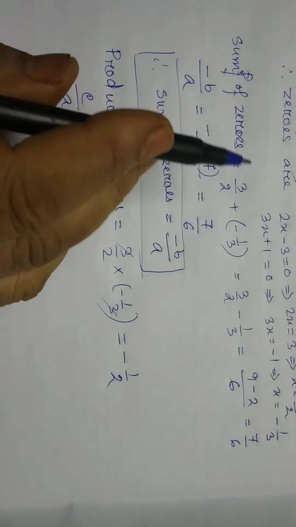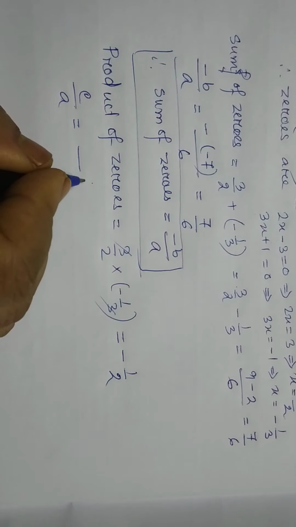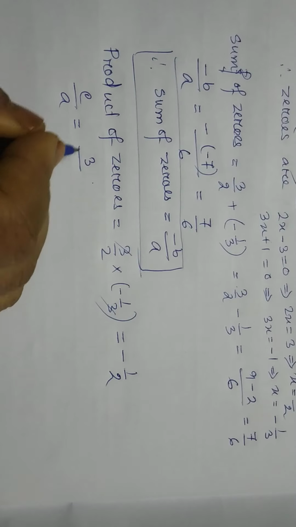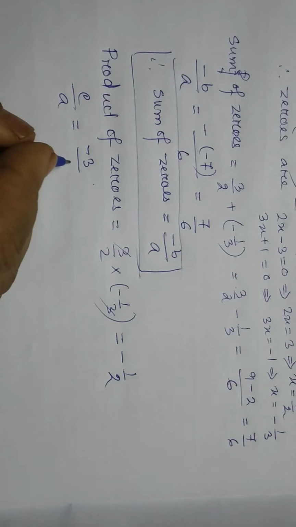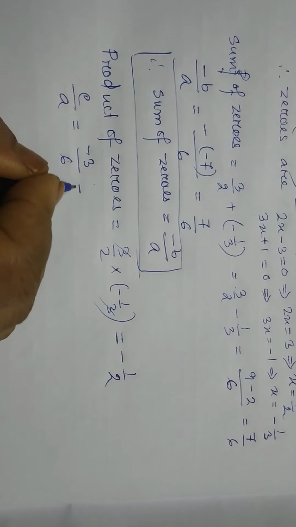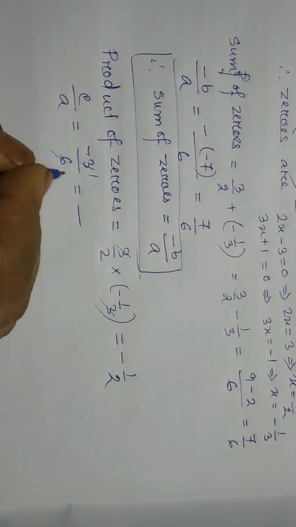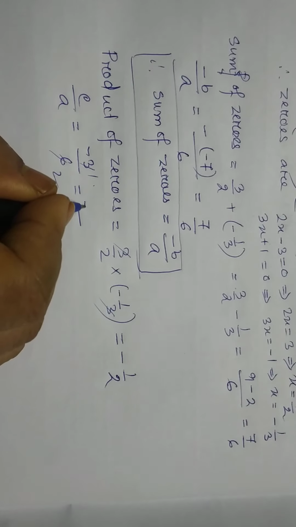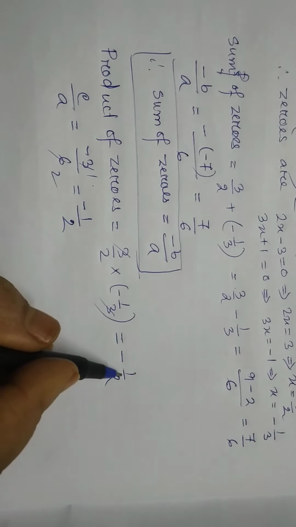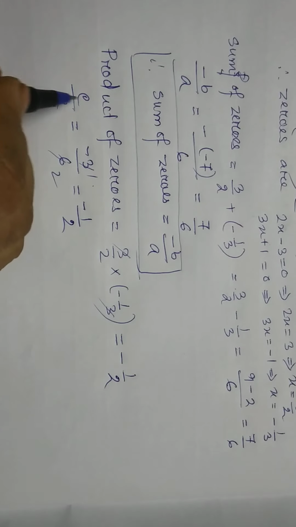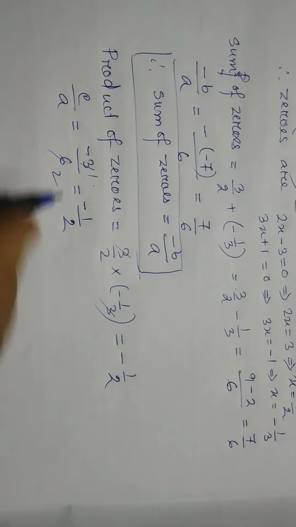Here c is equal to how much? Minus 3. And here a means 6. If we cancel by 3, then this one 1, this one 2. That's why minus 1 by 2. Here product of zeros also minus 1 by 2, and here c by a is equal to minus 1 by 2.